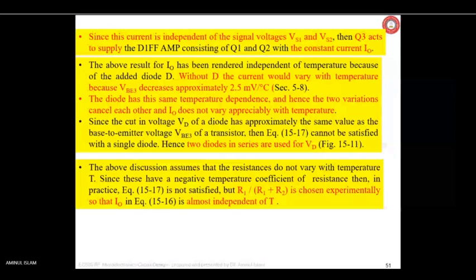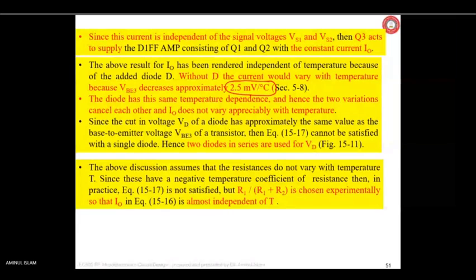The above result for IO has been rendered independent of the temperature because of the added diode D. Without D, the current would vary with temperature because VBE3 decreases approximately 2.5 millivolt per degree centigrade. Are you getting this point?